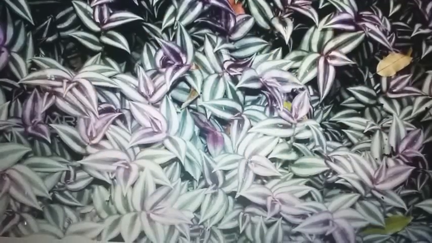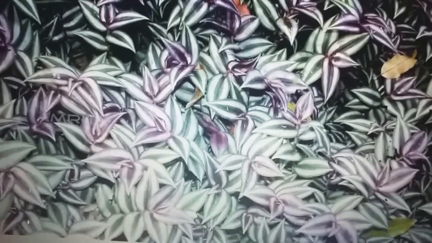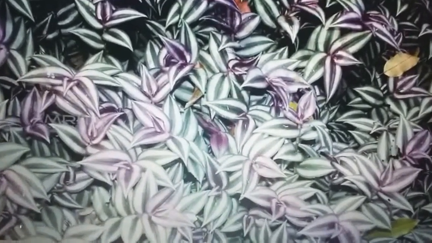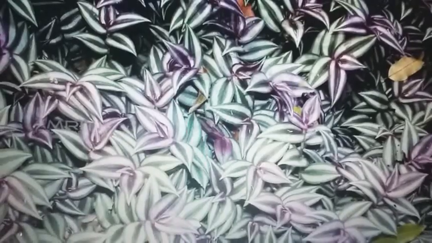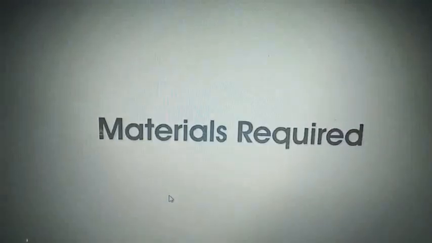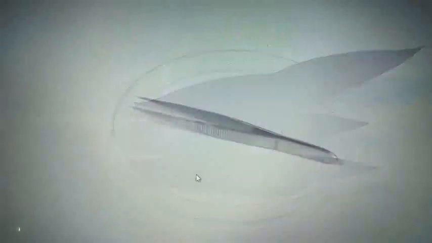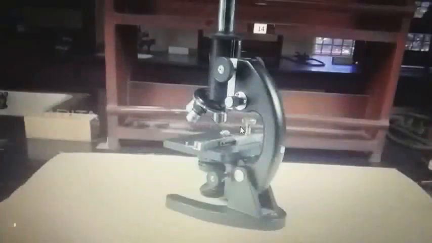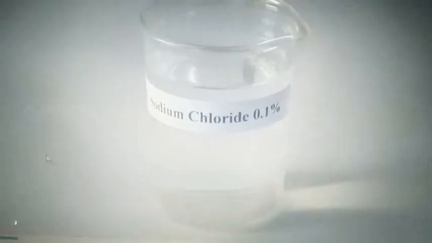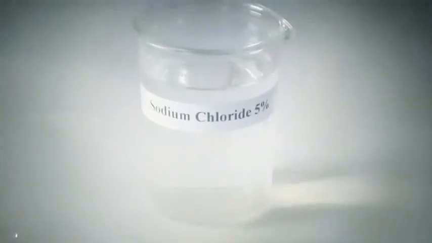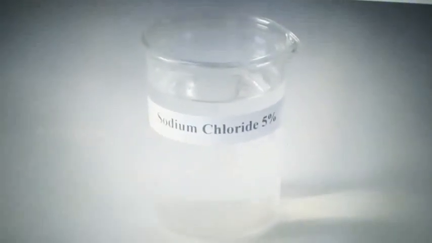In plasmolysis, we will do activity 5.6, that is plasmolysis in a living cell. Through the rhoeo leaf, we will complete this experiment. See, this purple color shows the rhoeo leaf. Now, the material required here is rhoeo leaf, forceps, glass slides, cover slip, compound microscope, needle, droppers, sodium chloride 0.1% solution and sodium chloride 5% solution.